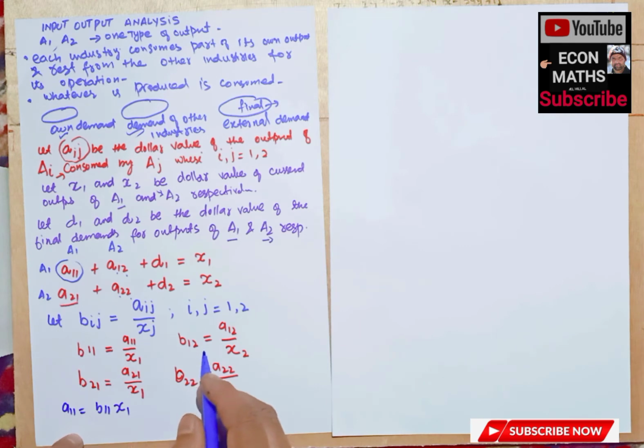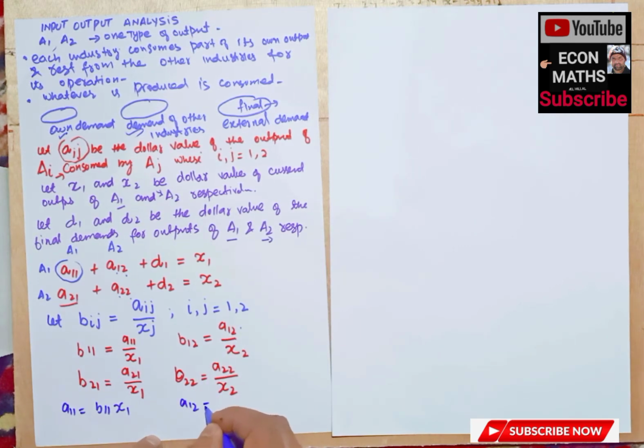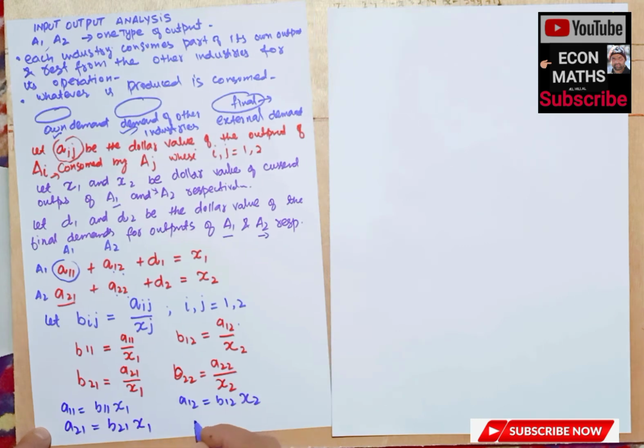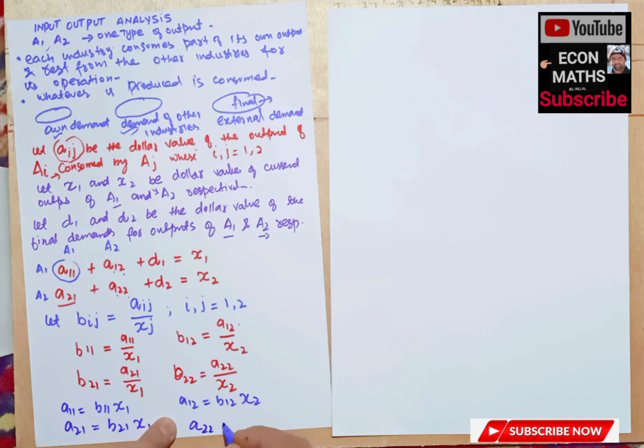Similarly, A12 is equal to B12 times X2. Similarly, A21 is equal to B21 X1. Similarly, A22 is equal to B22 X2.